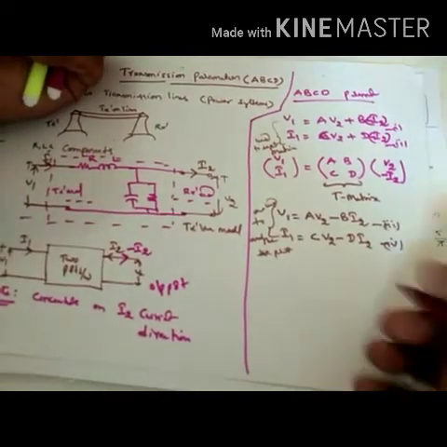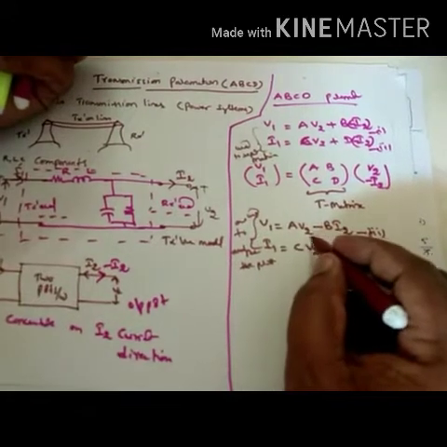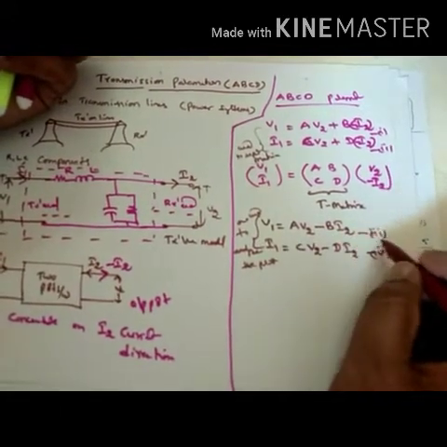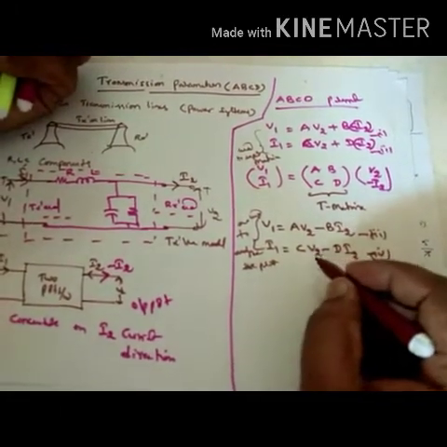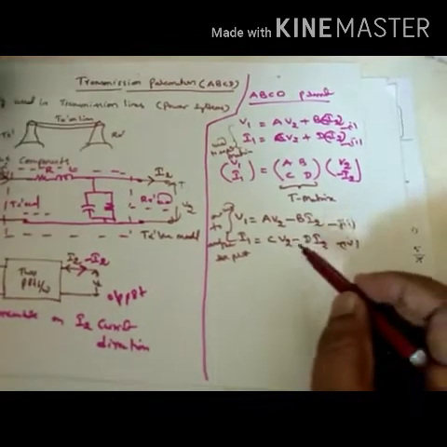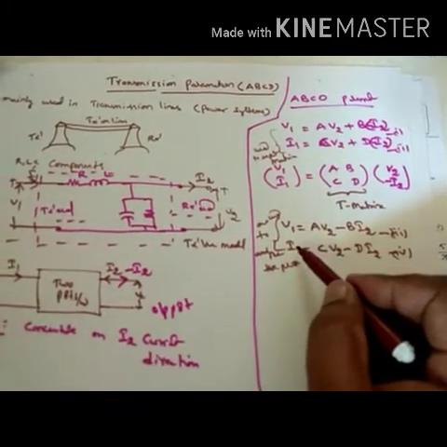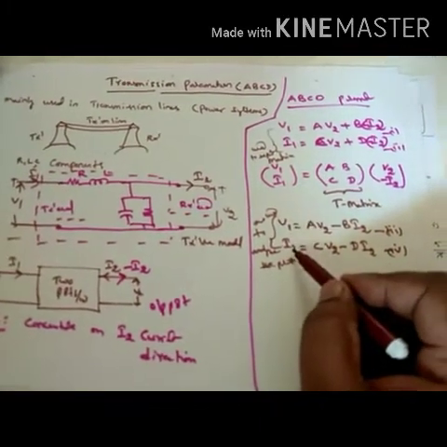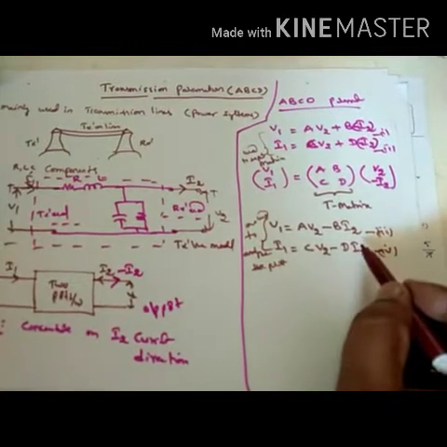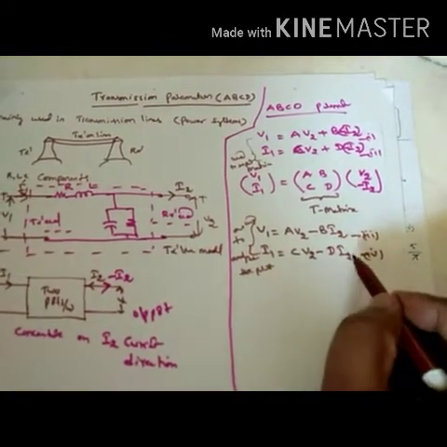So to analyze problems, we consider V1 is equal to A V2 minus B I2, and I1 is equal to C V2 minus D I2. That means the complete port 1 input voltage and input current are described in terms of port 2 voltage and current.